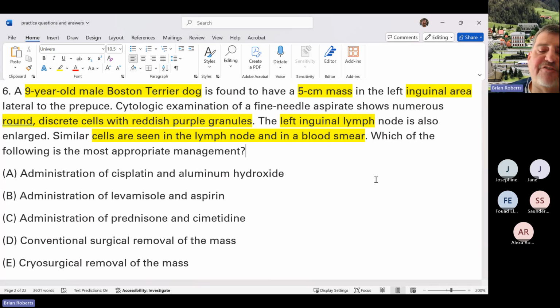Do you guys remember the 5 types of round cell tumors? And if you do, start blurting them out for me. Mast cells are one of them. Mast cell tumor, yes. What else? Lymphoma.